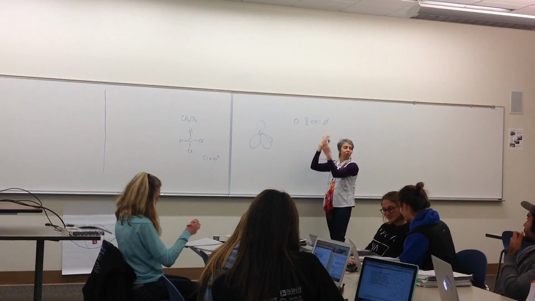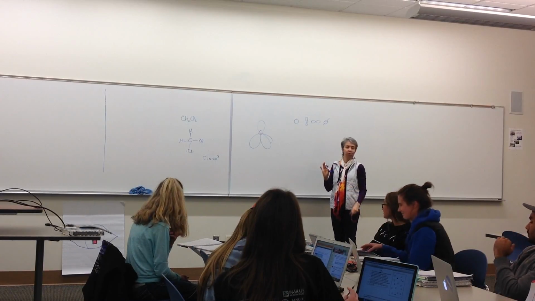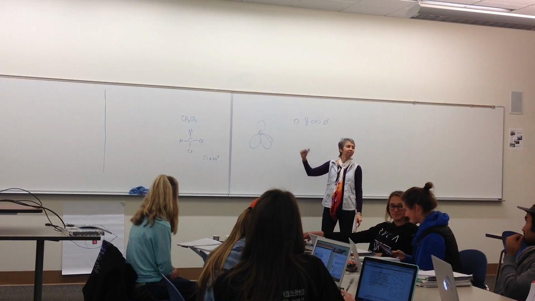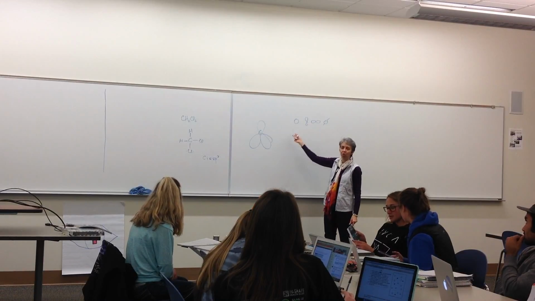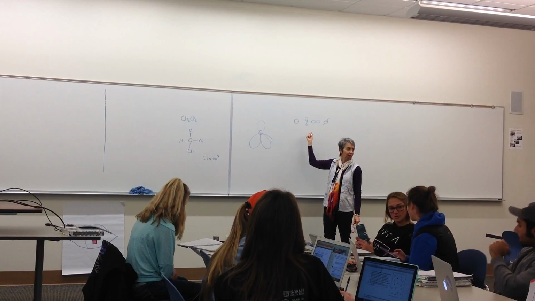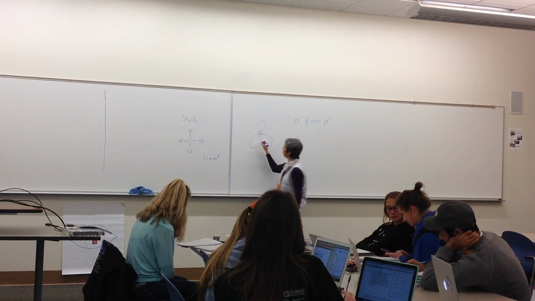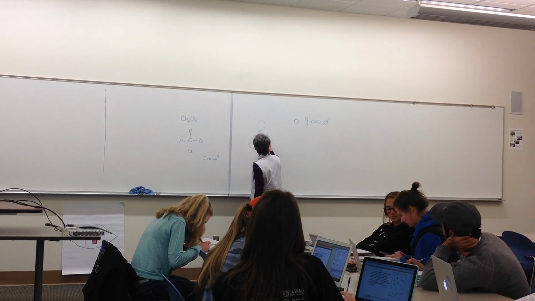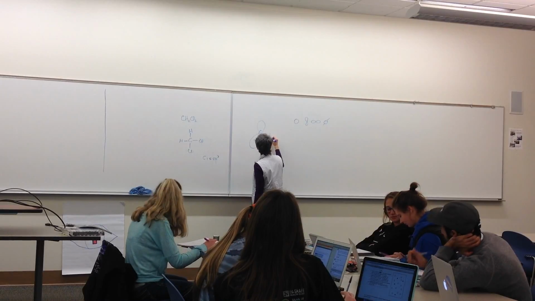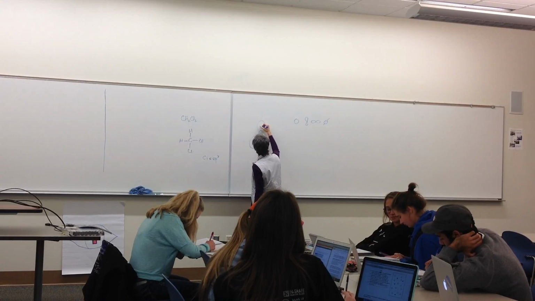I need these regions of electron density to have a different shape, because I have to form some bonds, and these orbitals are not oriented in a way that's going to help me form the bonds. So I'm going to remodel them, and this is what I'm going to make. I'm going to make an sp3, an sp3, an sp3, and an sp3.